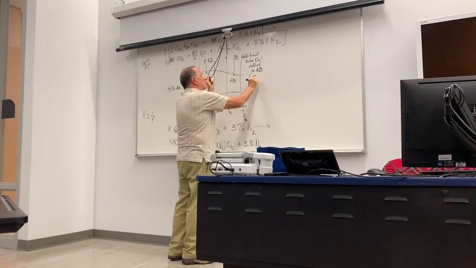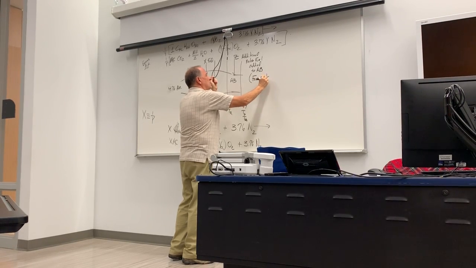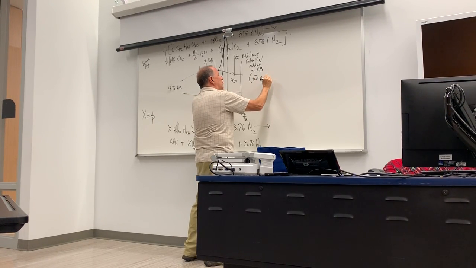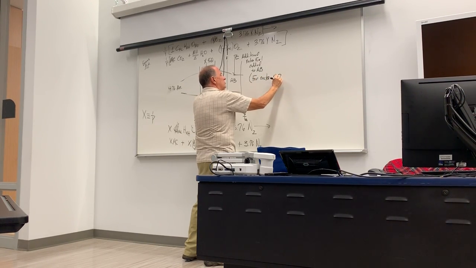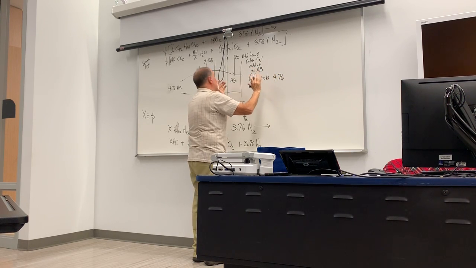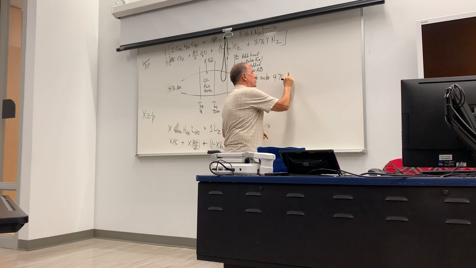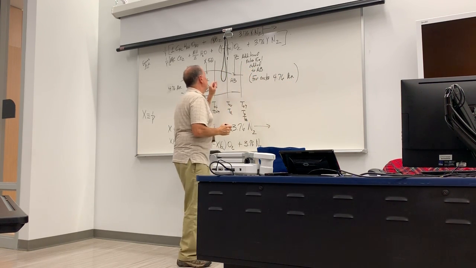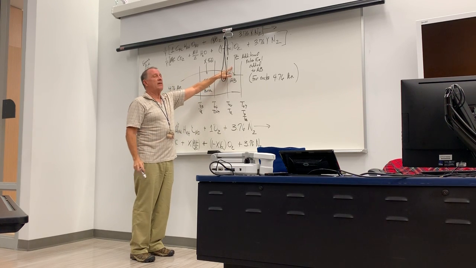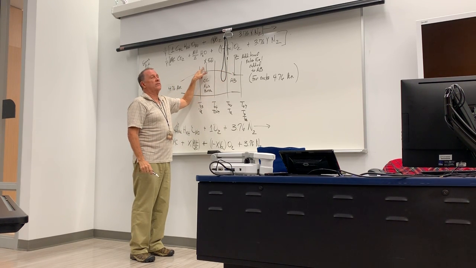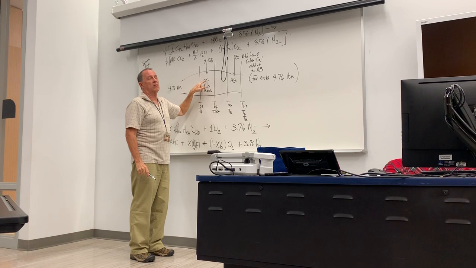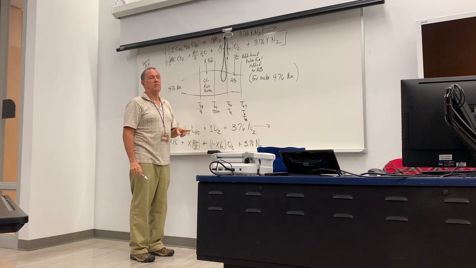For each 4.76, not Y, for each 4.76 moles of air, original air. So Z for your afterburner is what X is to your main burner. And you're going to need to know what Z is.